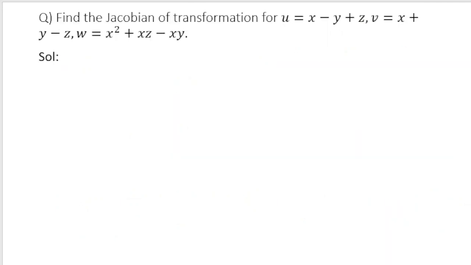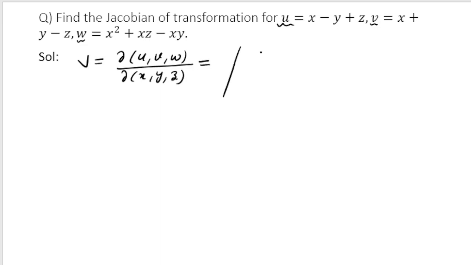Okay, so now there is a simple problem, related to finding the Jacobian of transformation. So here we have u, v and w. Jacobian of transformation means we have to calculate J, that is del of u, v, w, where u, v, w are dependent on x, y and z, so del of x, y, z. We have already explained this in detail, so this will be written as del u by del x, del u by del y, del u by del z.